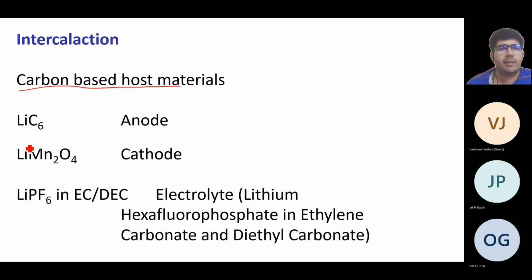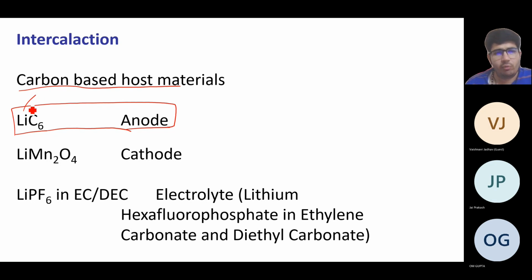You can see the anode is LiC6, so the carbon is six times, and we are providing lithium to some vacancies in the C6 structure, the graphite structure. The cathode side is LiMn2O4. The electrolyte is LiPF6, lithium hexafluorophosphate, in ethylene carbonate and diethyl carbonate.